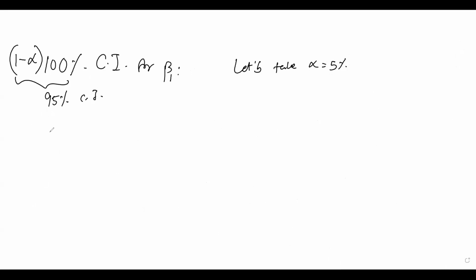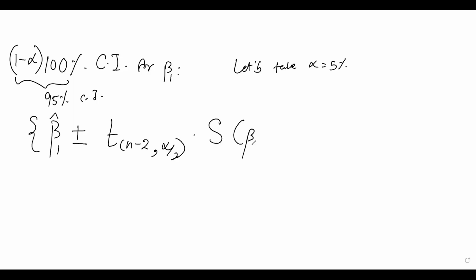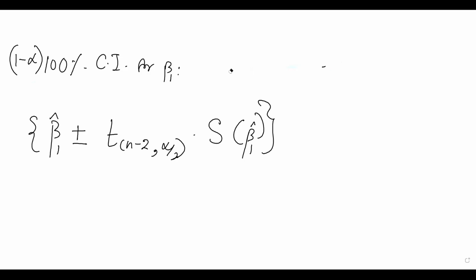So what is the term? beta 1 hat plus or minus t n minus 2 comma alpha over 2 times s beta 1 hat. Check whether you wrote this statement properly. For 1 minus alpha 100%, this is the statement.